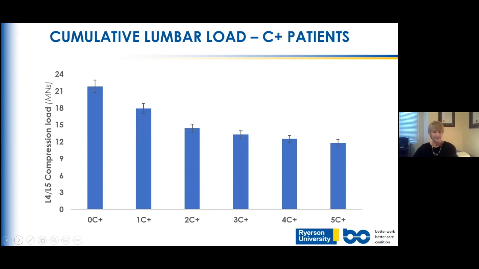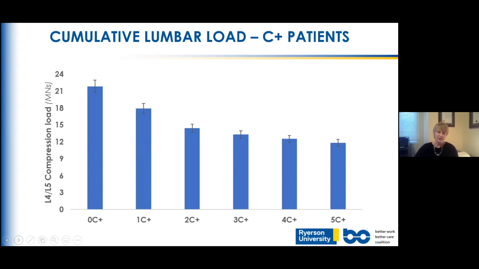And so I'll end with this final slide, which provides some of our newer data from the same study, illustrating the cumulative lumbar load in caring for COVID-positive patients. To make sense of these data, what this is showing is that cumulative compression values of 21 meganewton seconds and more have been consistent with injuries in the manufacturing sector.